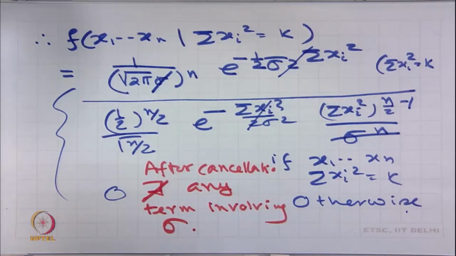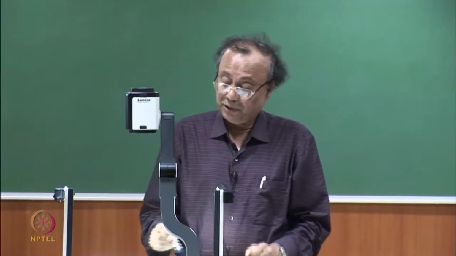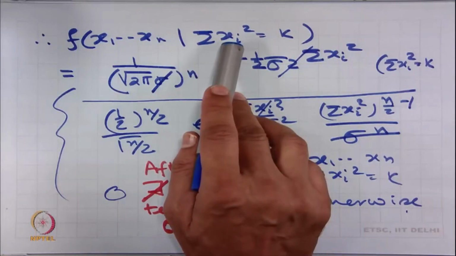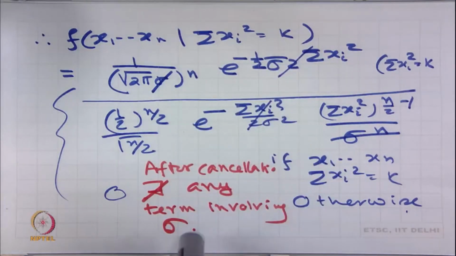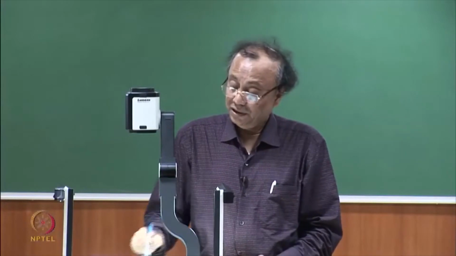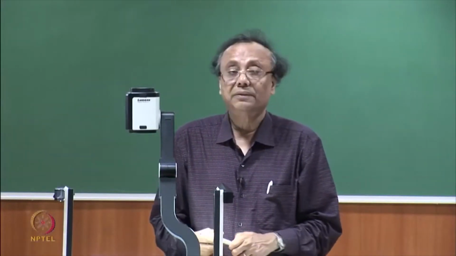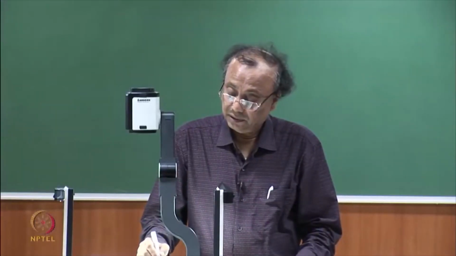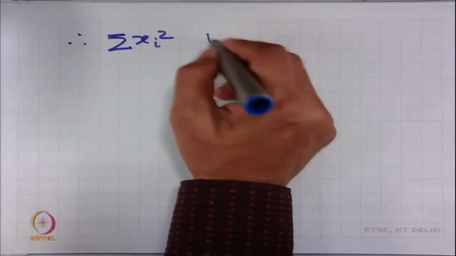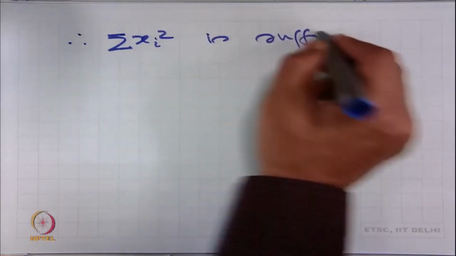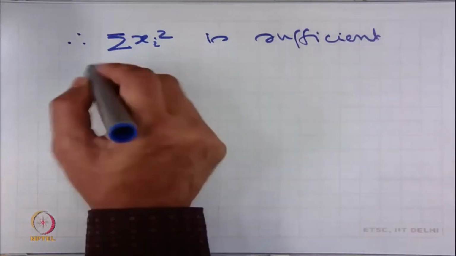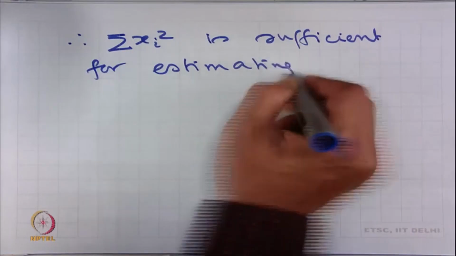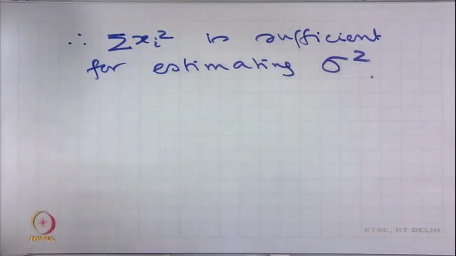Therefore, what can we say? We can say that the distribution of x1, x2, xn given summation xi square is independent of sigma square, and therefore, summation xi square is sufficient for estimating sigma square.